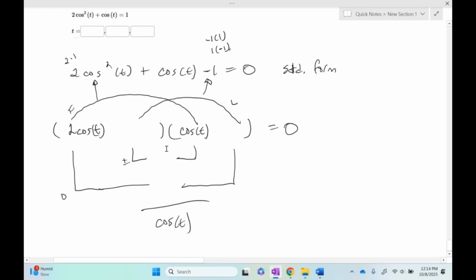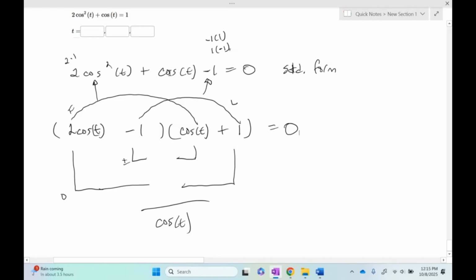So what about my last terms? I believe I'm going to use a negative 1 and a positive 1. It's easy to get the first and the last, right? 2 cosine t times cosine t is 2 cosine squared t. A -1 times a +1 is a -1. So I get the first and the last.